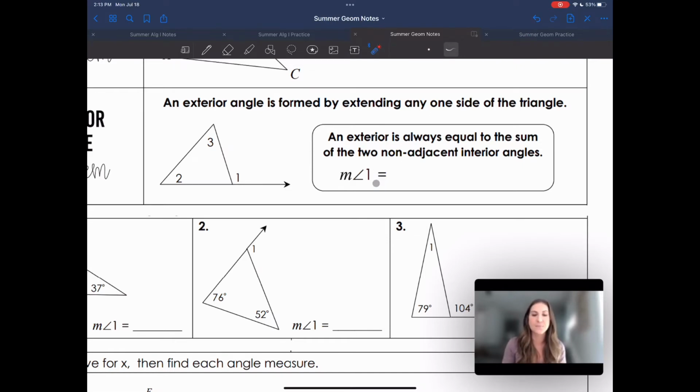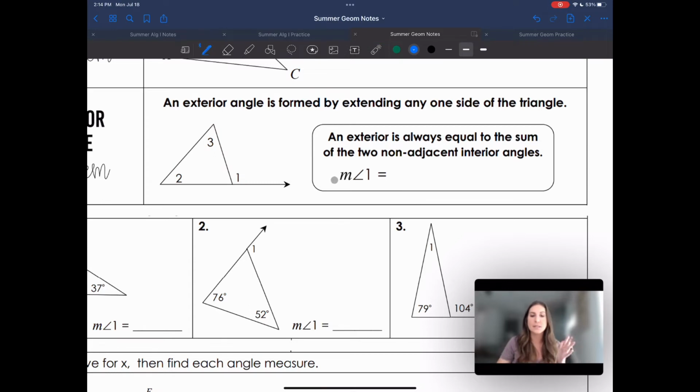Let me show you what it's saying. In this picture, the measure of angle 1, our exterior angle, is literally equal to the sum of these two angles. So if you add angle 2 and angle 3 together, whatever their measures are, that will literally equal this outside one. Just make a note, it does not involve the interior angle that's right next to that exterior angle. This one always involves the two that are furthest from it.